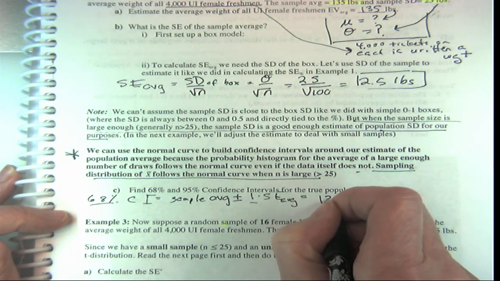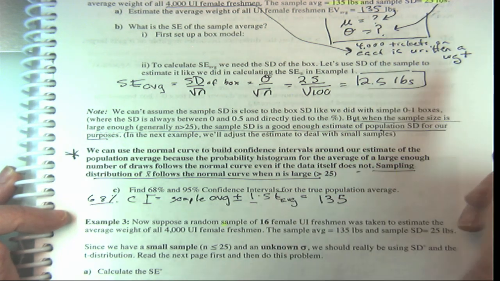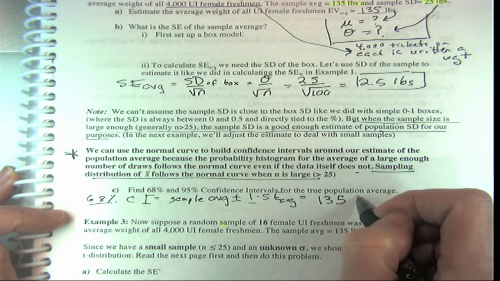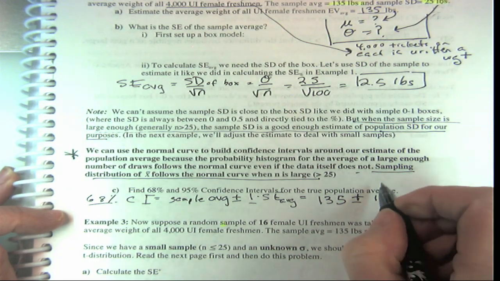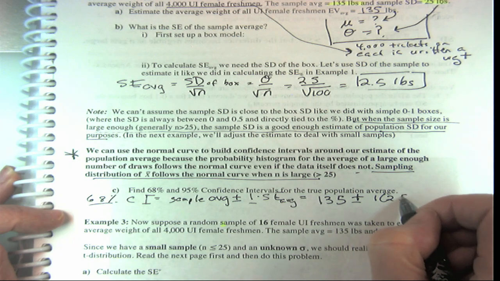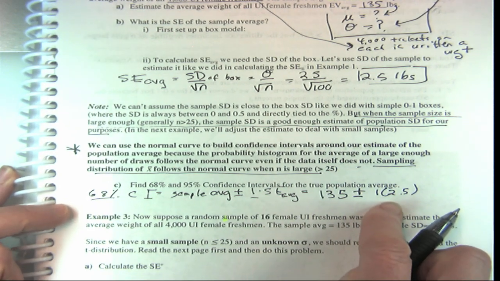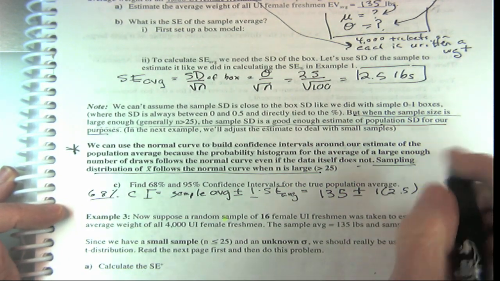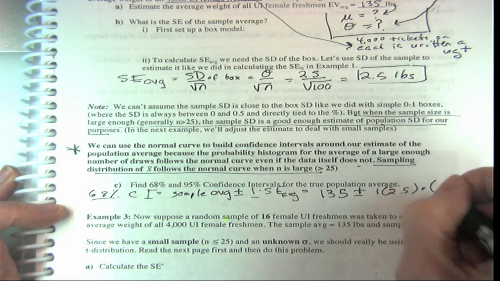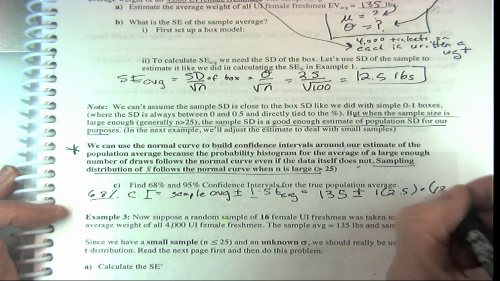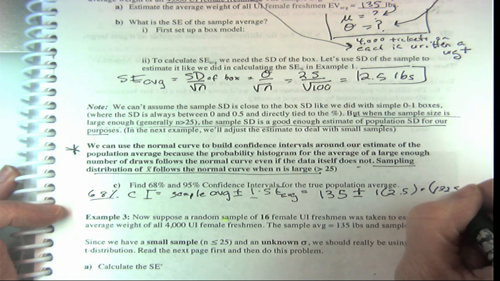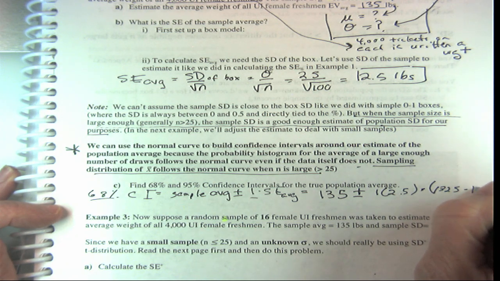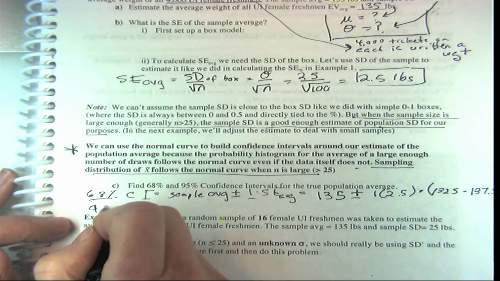So that's 135 plus or minus 1 times 2.5. These are all pounds. Another way to write it would be 132.5 all the way up to 137.5 pounds.